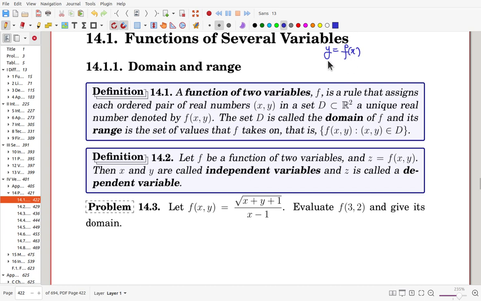Now, for a function of two variables, we may write z equals f of (x, y). For each ordered pair of numbers, f assigns a unique number. Then it is a function defined on the domain.